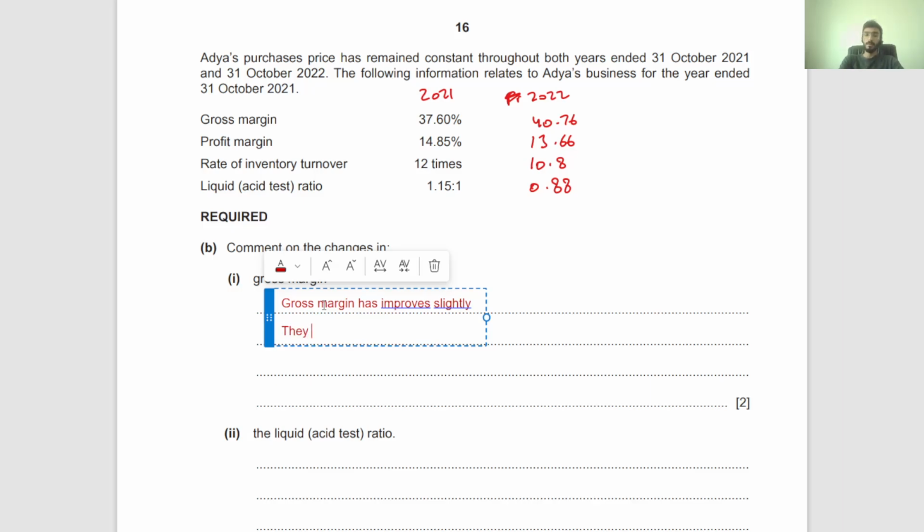They may have increased the selling price since the purchase price was constant. That's the only explainable reason, really.